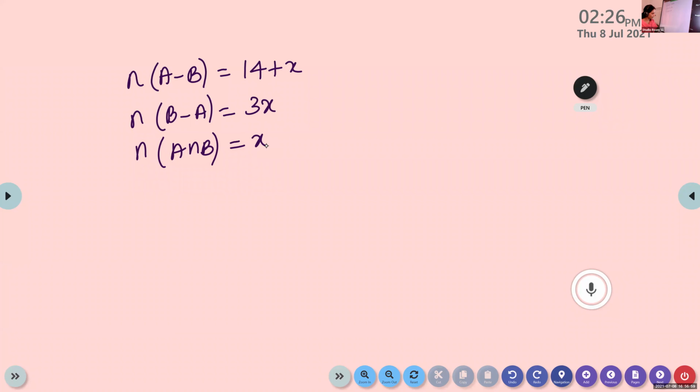Draw a Venn diagram to illustrate this information.